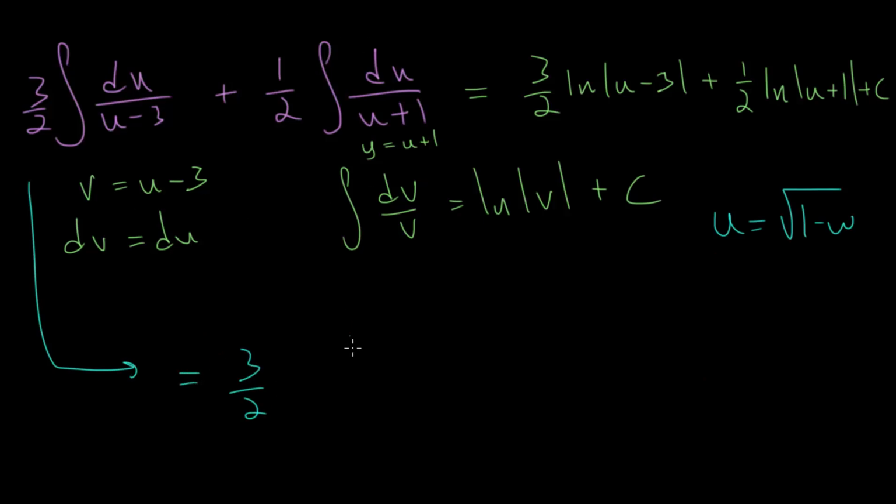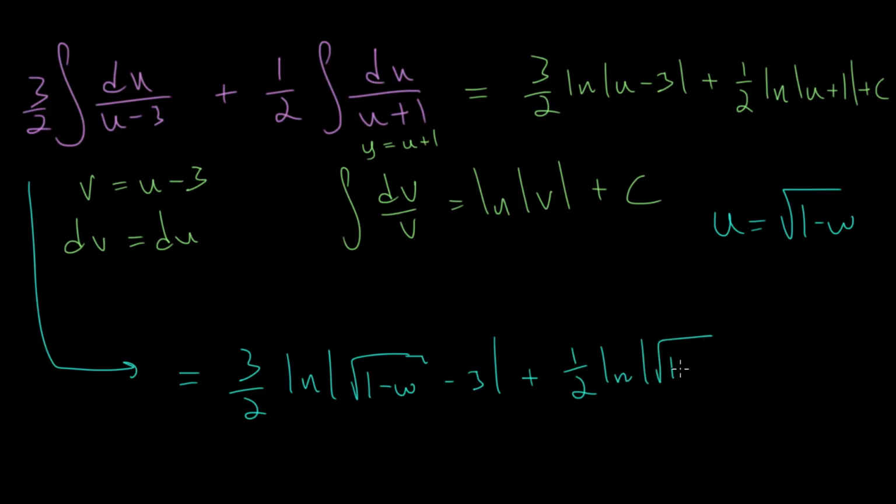This integral that we started with would be 3/2 multiplied by the natural log of the absolute value of u minus 3, which will be the square root of 1 minus w, and the minus 3 is outside the square root. Close the absolute value, then we have plus 1/2 the natural log of u plus 1, or the square root of 1 minus w, close the square root, and we add 1 to that, close the absolute value, and we have our constant of integration at the end.